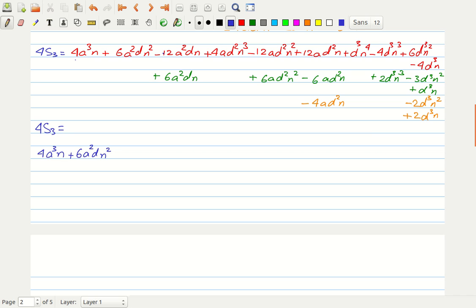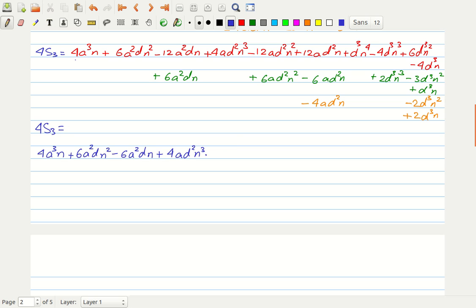Now this is minus 12 and plus 6, so this becomes minus 6a square d n plus 4a d square n cube plus 4a d square n cube.